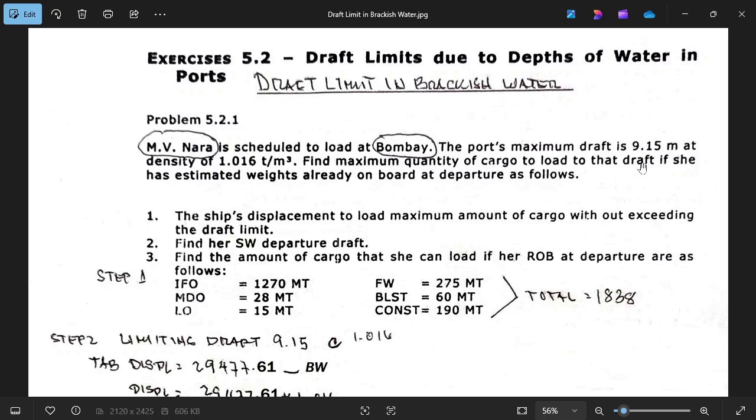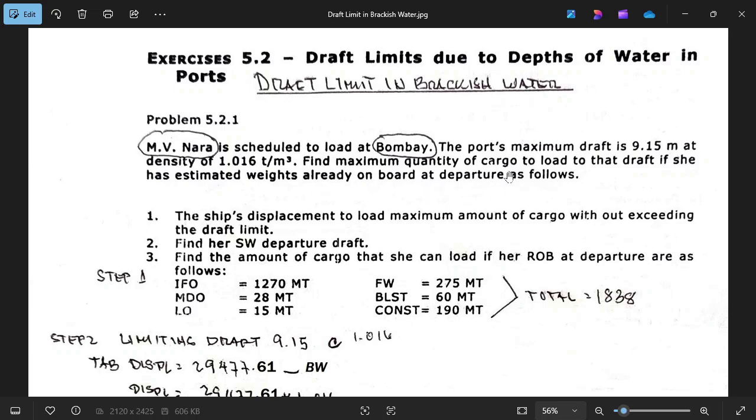So you cannot load more cargo exceeding this 9.15 meters. So it should be exactly or less, at a density of 1.016. This is the local density at berth, meaning she is floating in a density of 1.016.